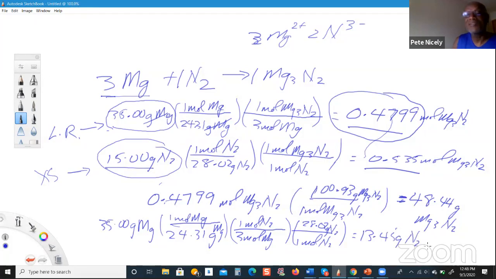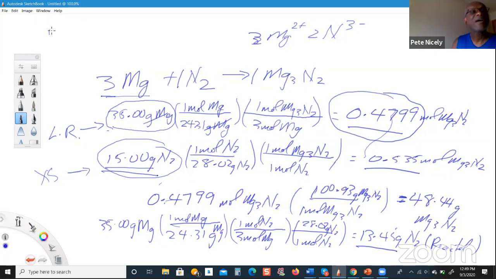Now, please remember, this mass here is the mass of nitrogen that reacted, right? So to find the amount of nitrogen remaining, we're going to subtract this from the original amount of nitrogen, which is the 15.00 gram. So I'm going to squeeze that up here.